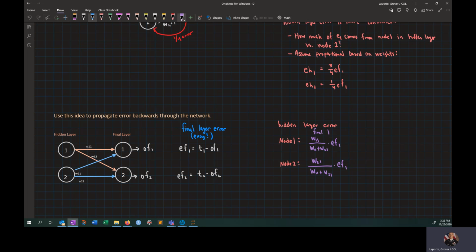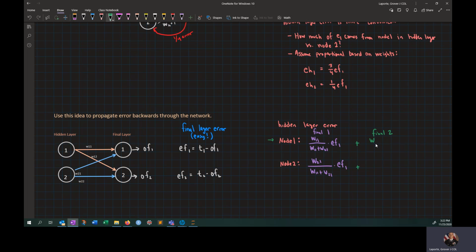So now what I'll do is, let's do it in green. I'm going to add the final 2. So let's figure out how much error gets added from this piece. So again, come to node 2, look back, I got W12. So for node 1, which is what we're talking about, we're here. For node 1, I got W12 plus W22.